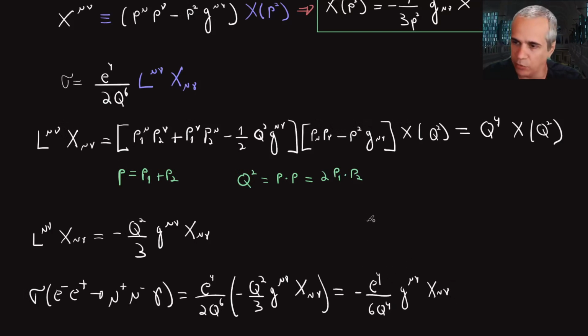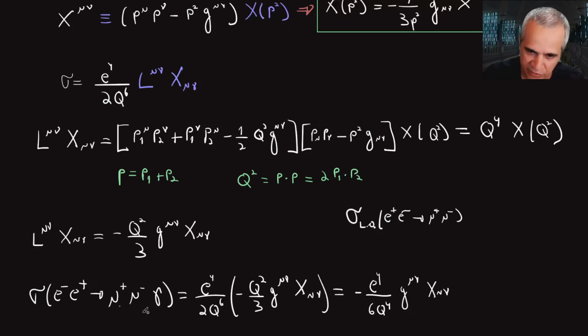Now I know that the cross section at leading order of e+ e- going to mu+ mu-, which might seem unrelated to this other process, but bear with me, right, is e to the 4th over 12 pi Q squared, right?